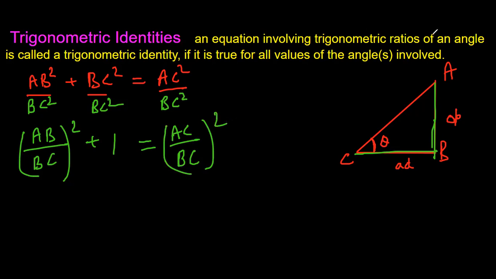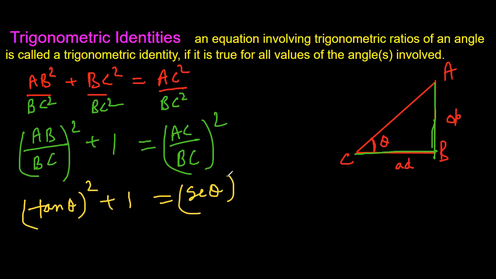All right, so AB by BC is tan. tan of theta whole square plus 1 is equal to AC by BC, where AC is hypotenuse and BC is adjacent, that is sec theta, squared.